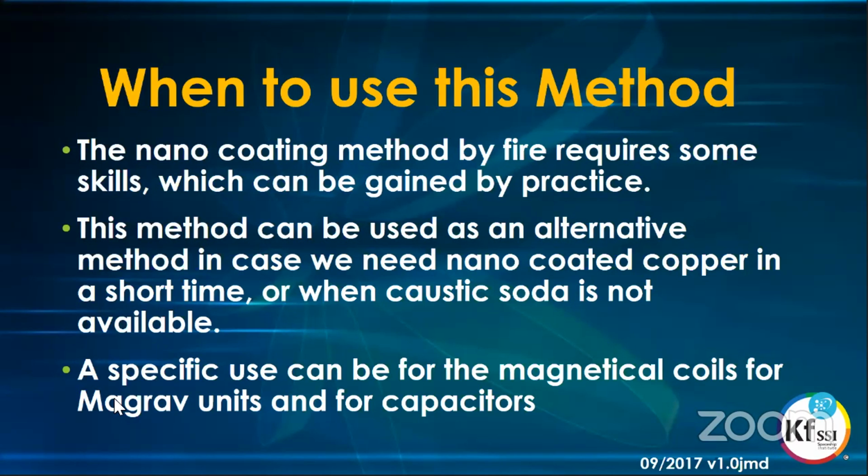In that case, if you can make a fire, even if you have no gas torch, but just a fire of charcoals, you wait until the flame goes off, and when you have the live coals, without flame, only the red hot charcoals, you can hold the plate over it at a small distance without touching it, and heat it up until it changes color.